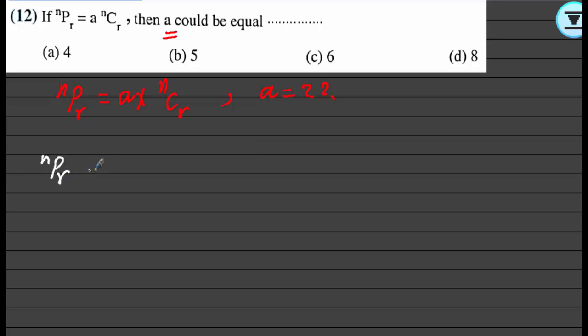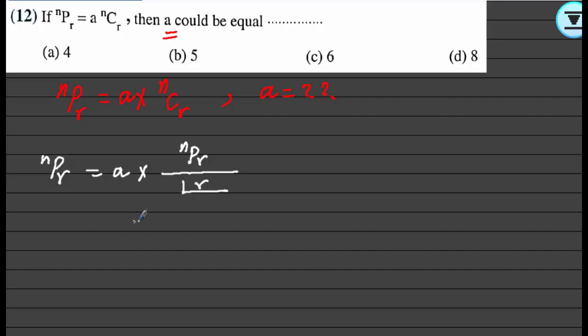NPR equals A multiply NPR over factorial R, right?